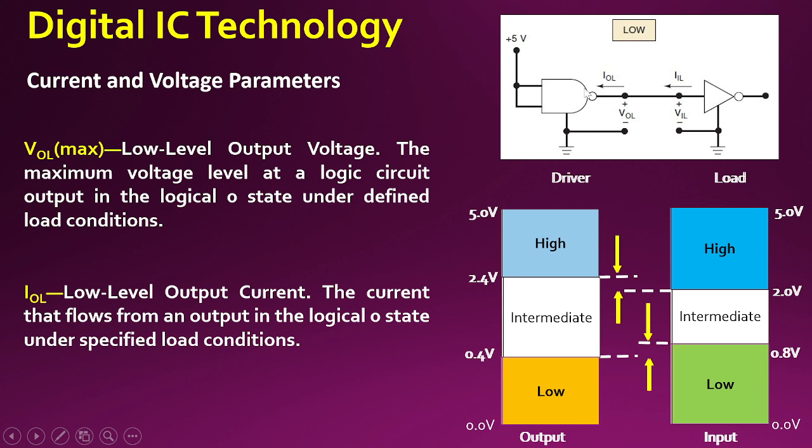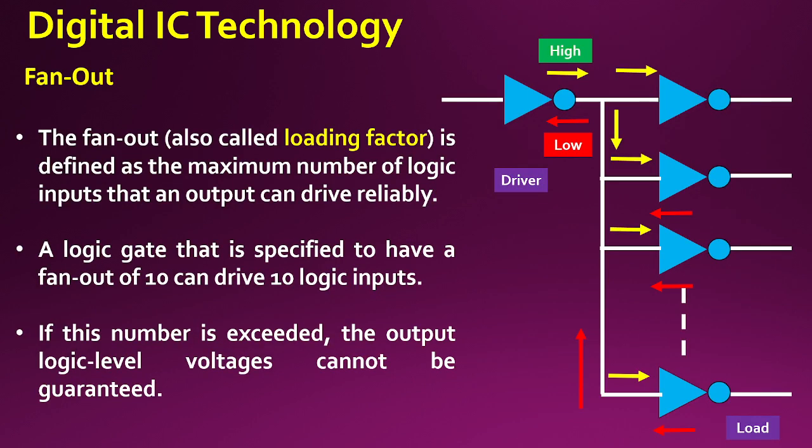We will define all these things when we study the load parameters or the loading rules. Fine. Now let's move on. This is the very important part. We will again go with a numerical example to understand the loading rules, but let us just have a look at what fan out means.